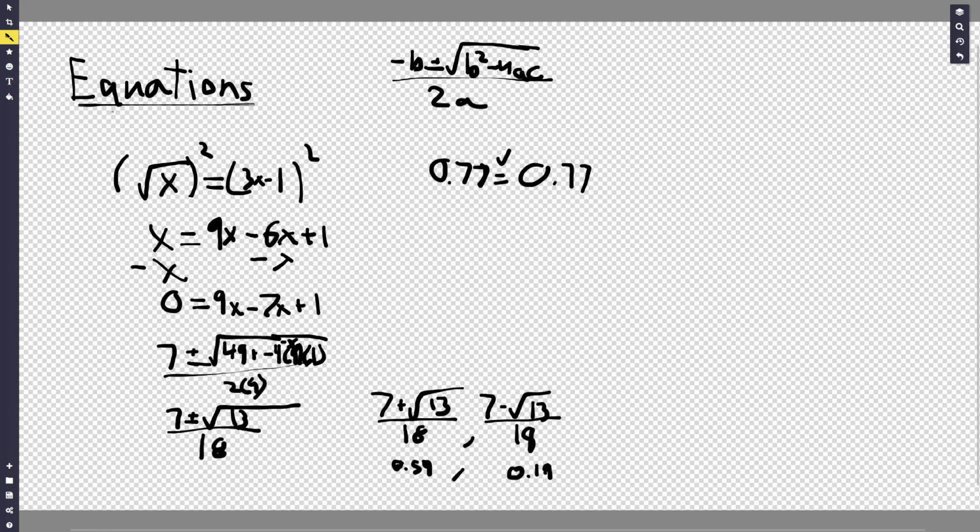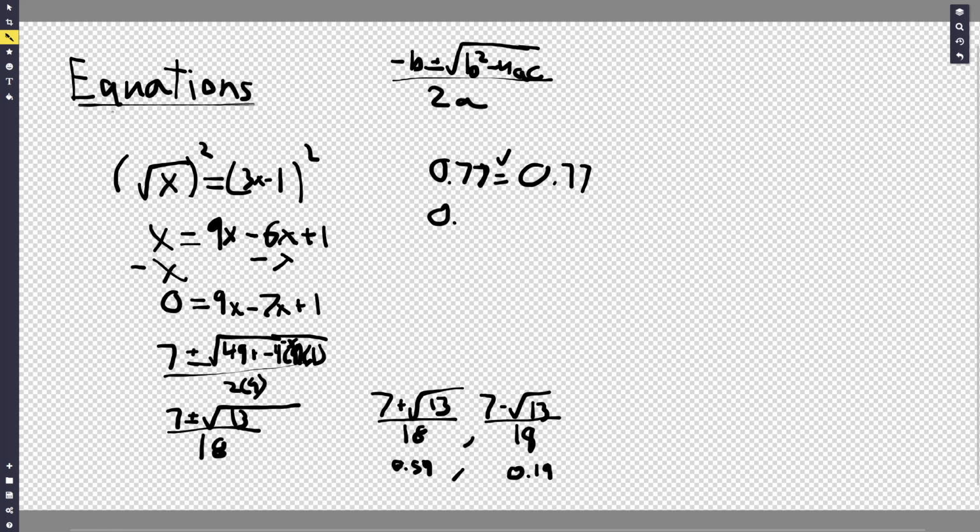If we take the square root of this answer, we get about 0.43. And now let's do 3 times our answer minus 1, and we get negative 0.43, which is not equal.